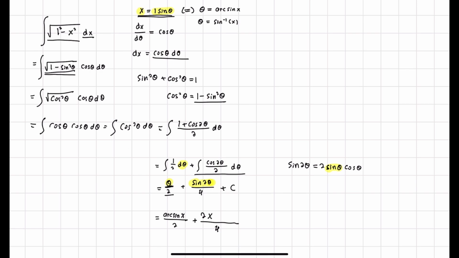And then the cosine theta is actually equal to, so over here, we have cosine theta squared equals 1 minus sine theta squared. So this is equivalent to cosine theta, which is equal to the root of 1 minus sine theta squared. So whoops, let me rewrite this.